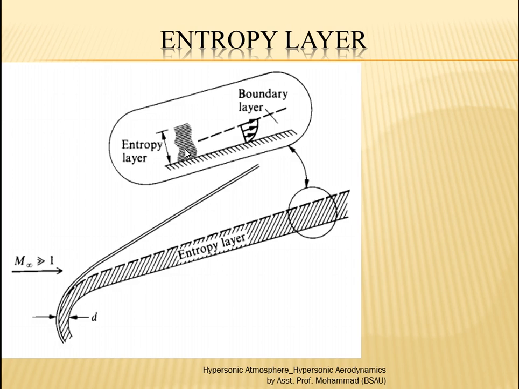This interaction between the two regions is called vorticity interaction. So in the thin shock layer we saw that there is an interaction between the boundary layer and shock layer, and this gives rise to very high density because of the very thin region available for the same amount of fluid to flow. In the case of the entropy layer, we have an interaction with the boundary layer that gives rise to something called vorticity interaction.